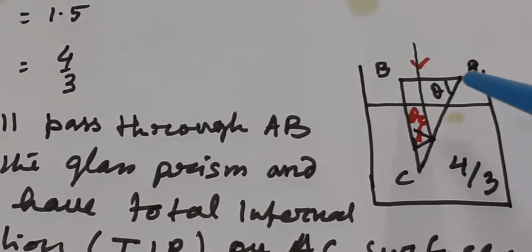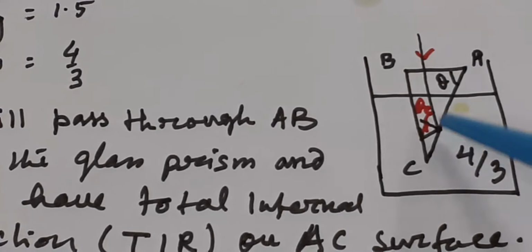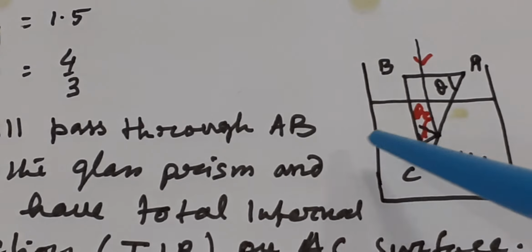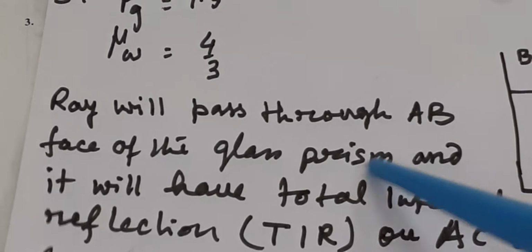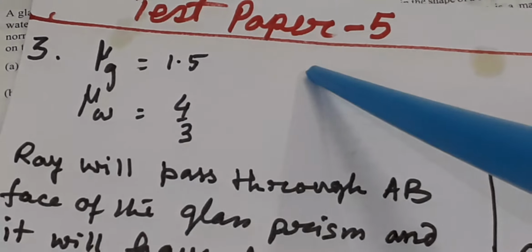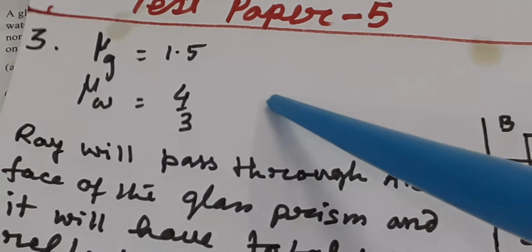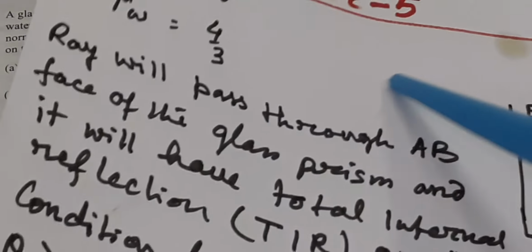If it is more than theta c, it will reflect without doubt; the laws of reflection will be applicable here. Now let us see how to do this. As the data are given, mu for glass is 1.5 and mu for water is 4/3.